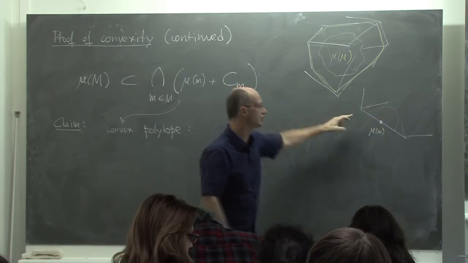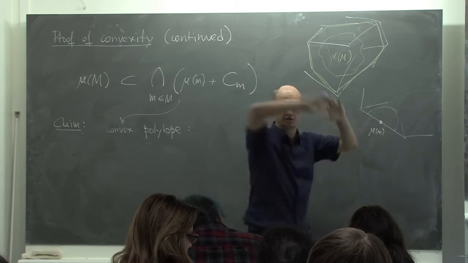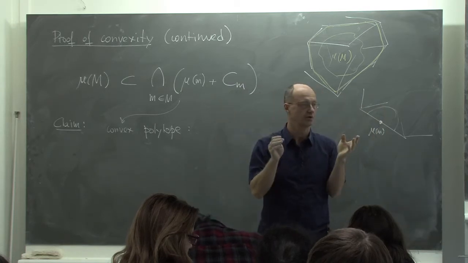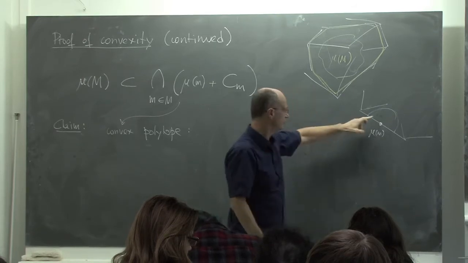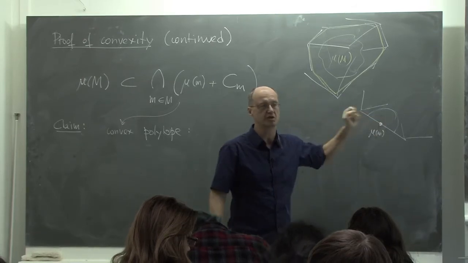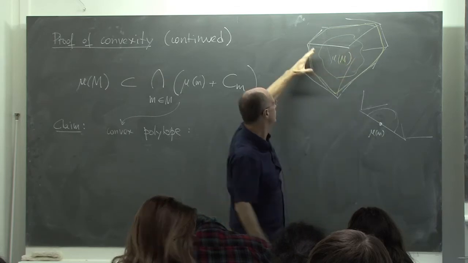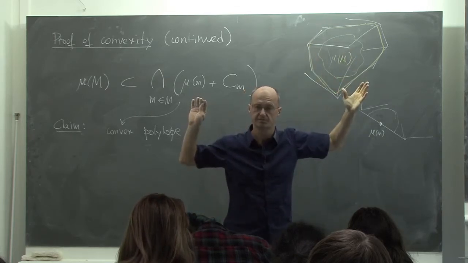This means that actually you can take an open cover of your M by the neighborhoods U, and from each neighborhood it's sufficient to take one of those polyhedral sets.